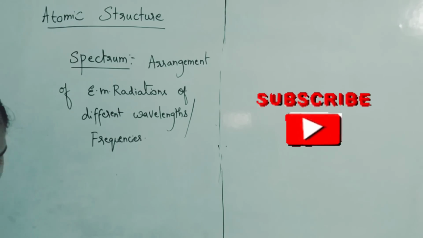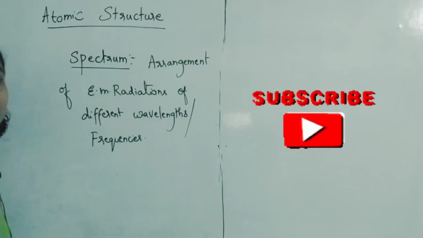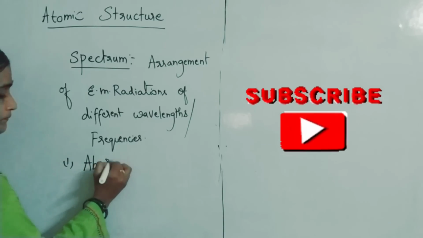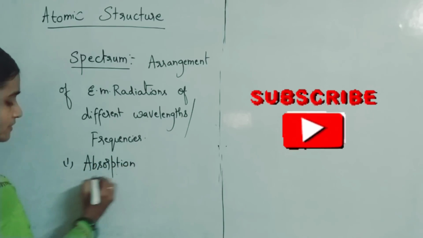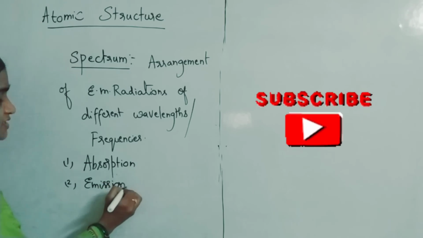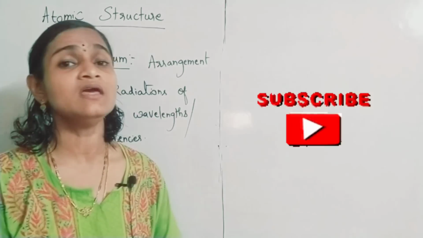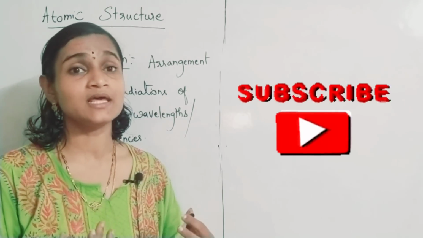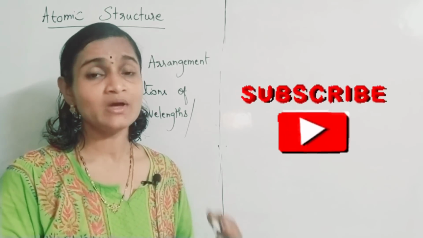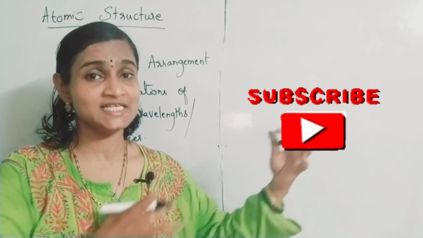Directly, if you go for the concept, you have two types of spectra: absorption spectrum and emission spectrum. Actually speaking, you have continuous and discontinuous, visible and invisible, many classifications in spectrum also. That's why I am saying please visit my channel, you will definitely get all these topics in detail.